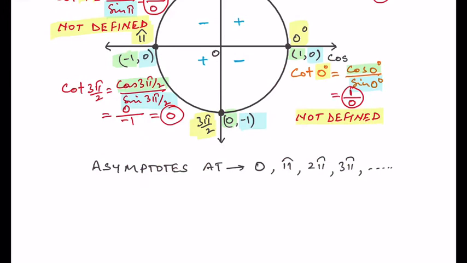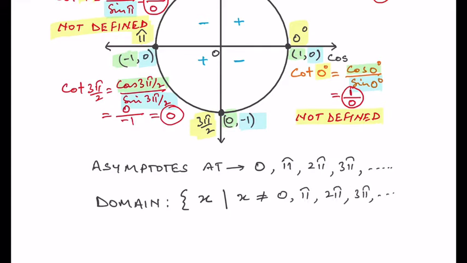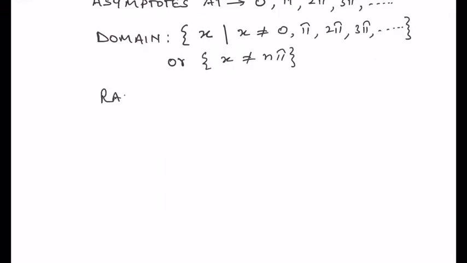So the domain of this function, that is cot x, is any real number x, but x cannot be equal to 0, pi, 2 pi, 3 pi and so on, or we can simply write it as x cannot be n pi, and the range of this function is from minus infinity to plus infinity.